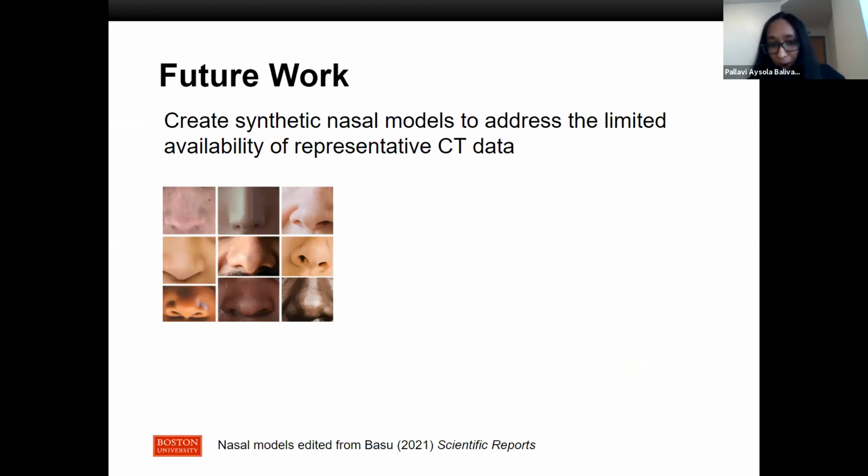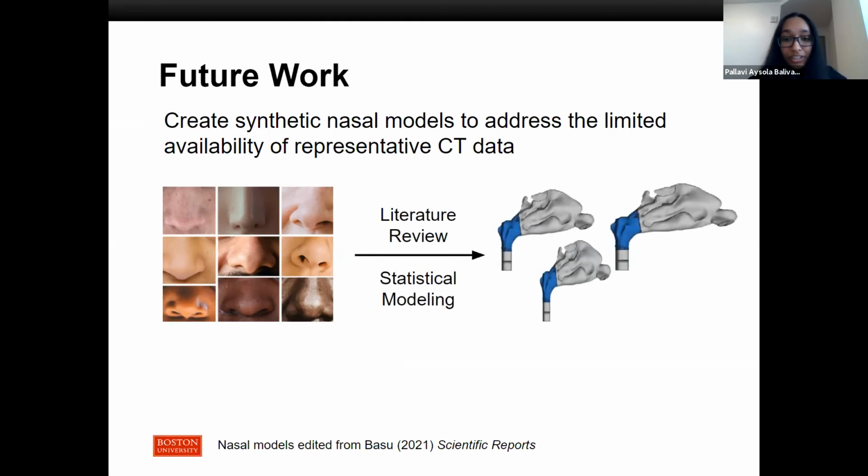So to address this problem, we wanted to see if we could gather estimates of how specific features of nasal anatomy change with different demographics, such as age, race, gender, and then eventually use a statistical modeling approach to make these synthetic or artificial nasal models.